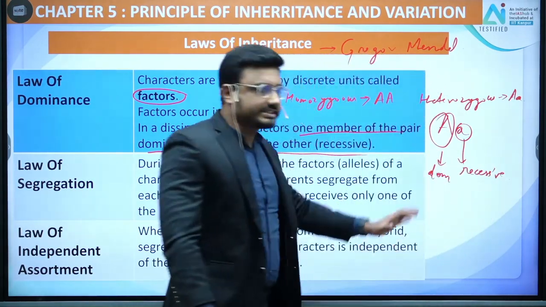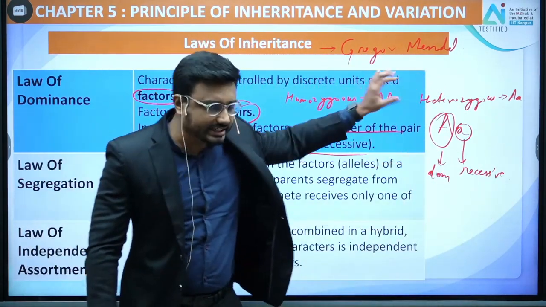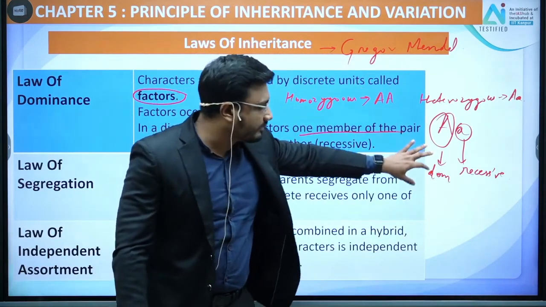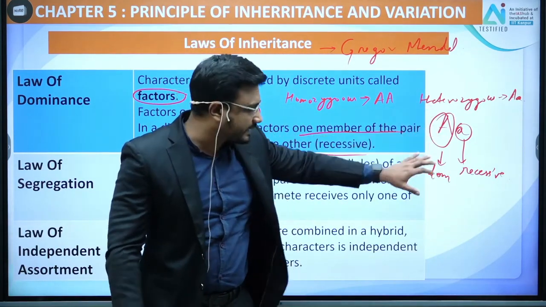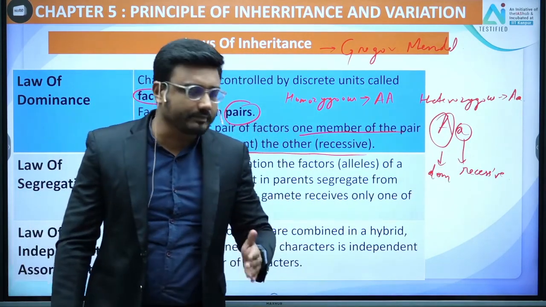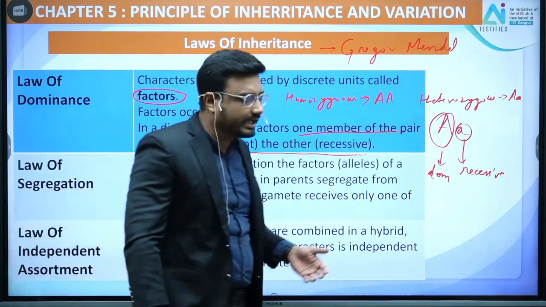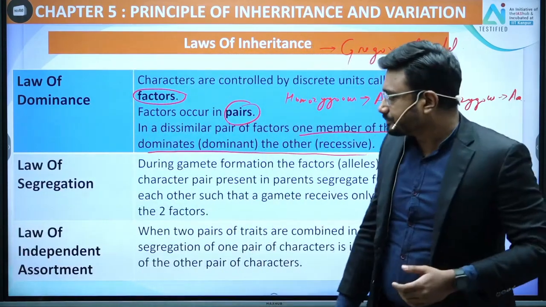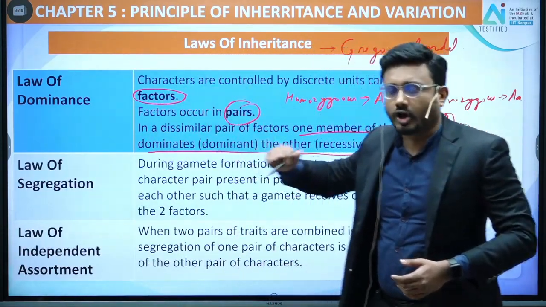Always in the heterozygous pair of alleles, the dominant one would be expressed, and the recessive one would be suppressed, that is, it would not be expressed. So this was all about the law of dominance.